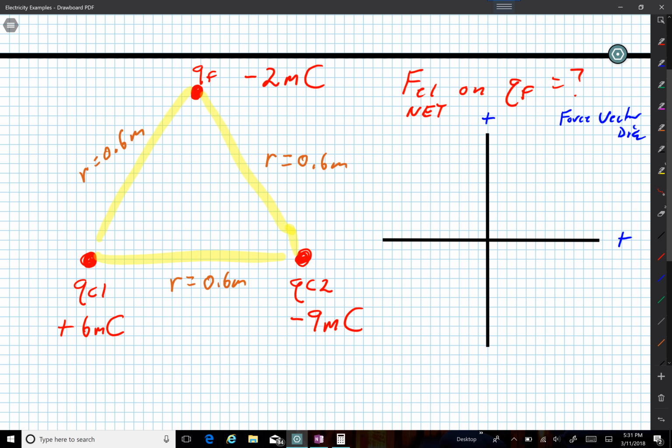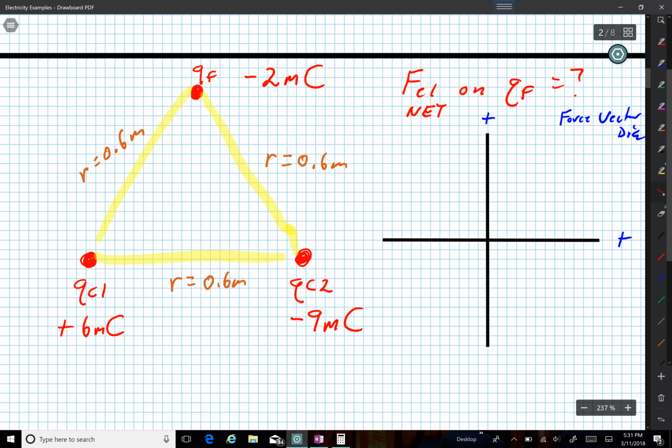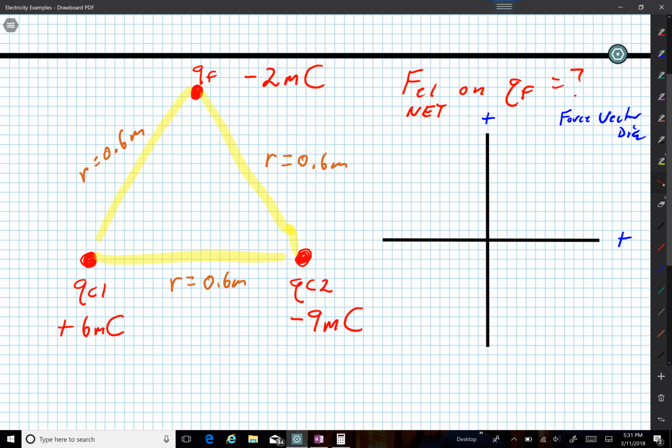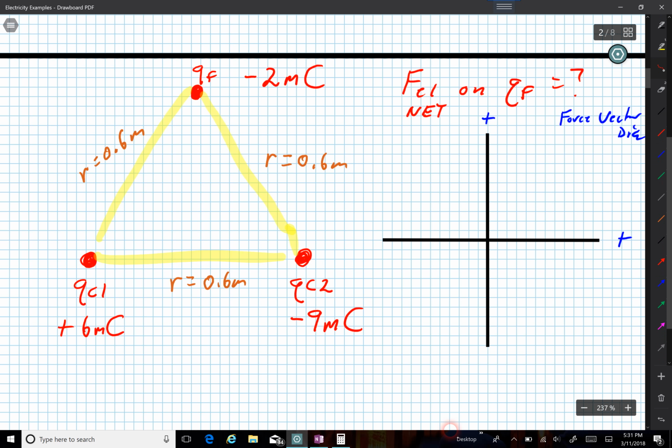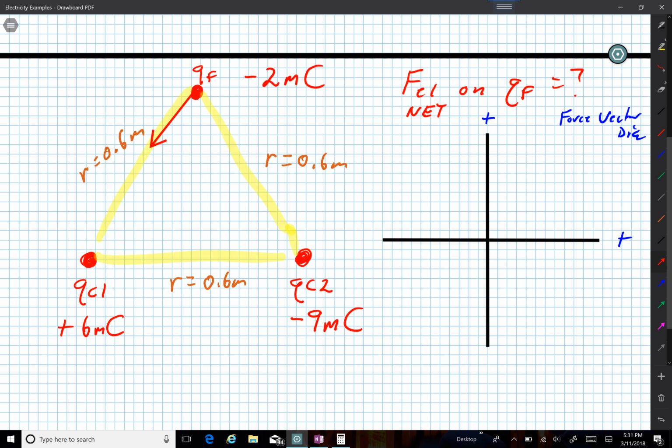Here's where we've got to put a couple of pieces of information together. Let's look at QC1 first. QC1 is positive. QF is negative. That means they attract. So that means that there's going to be a force down this way. There's a force of attraction. QF is going to be pulled directly towards QC1 because they're opposite in charge.